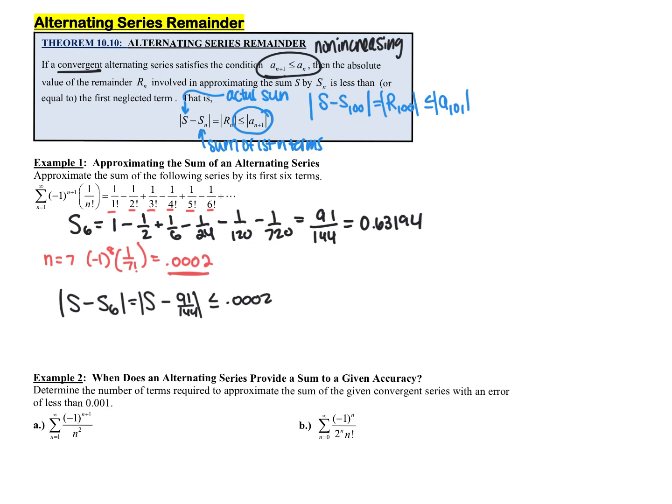So the error between the actual sum and this approximation has to be less than 0.002. So what that means is we can give an interval for the actual sum by taking our 91 over 144 and adding this amount to that and then subtracting it, and we know that our sum has to be between those two values.